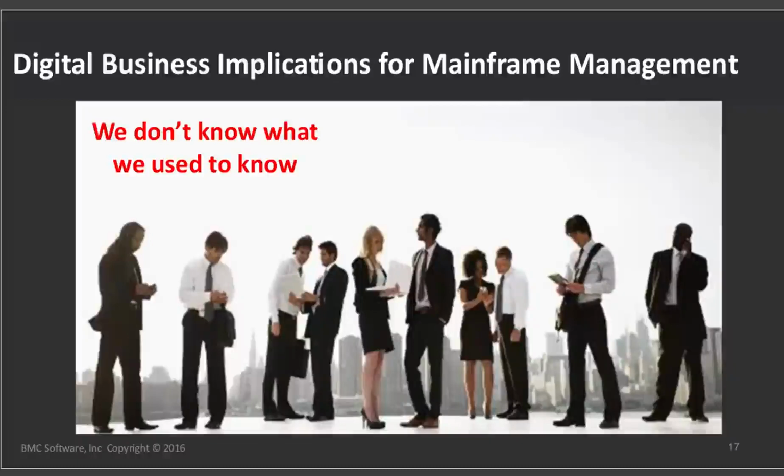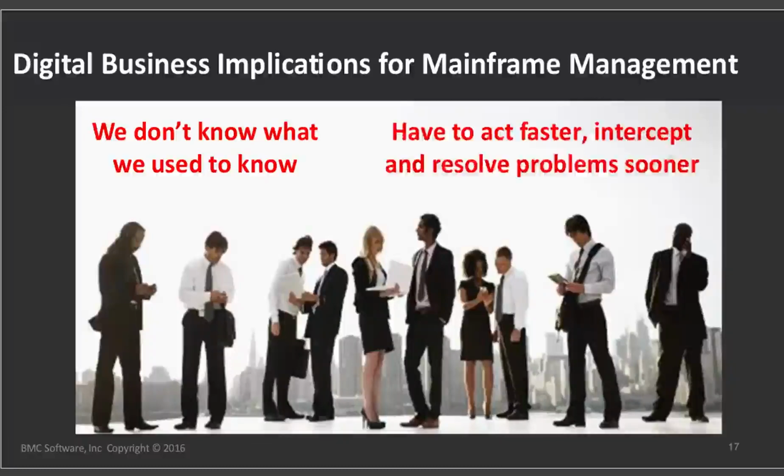What we thought were good thresholds to tell us when there's a problem with a CICS application, because that application now is actually handling more transactions at different times and different types of transactions, we may not know what to look for. We may not recognize right away when there's a problem.